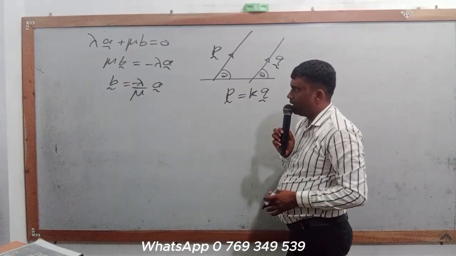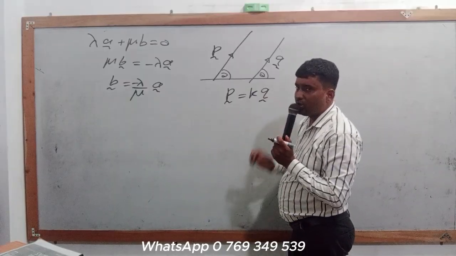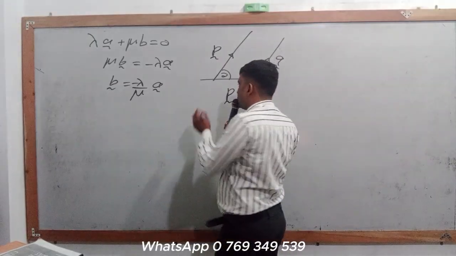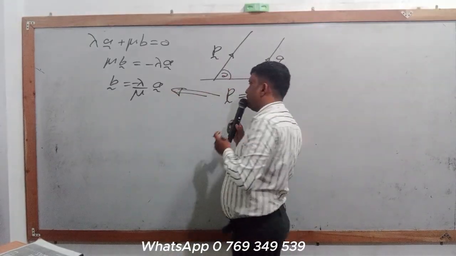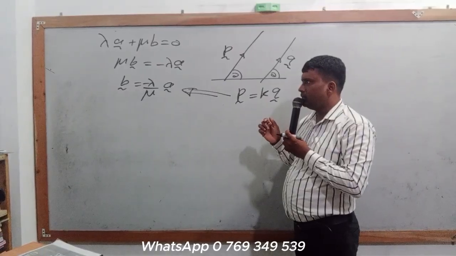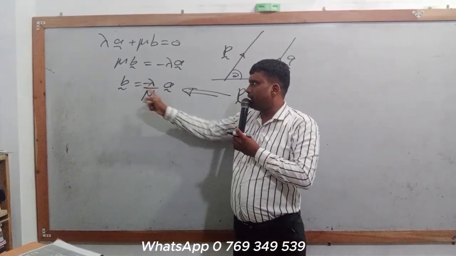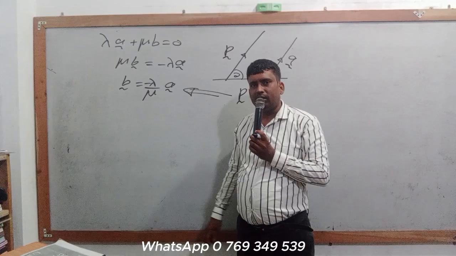We can say that P equals KQ because these two are parallel. K is a scalar. We can say like that. Therefore, this is the scalar and A and B should be parallel.